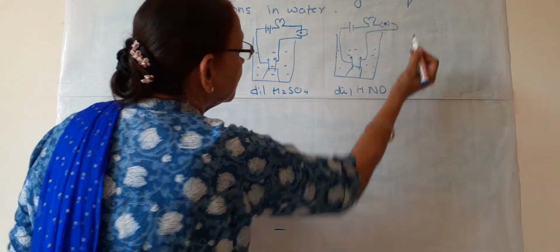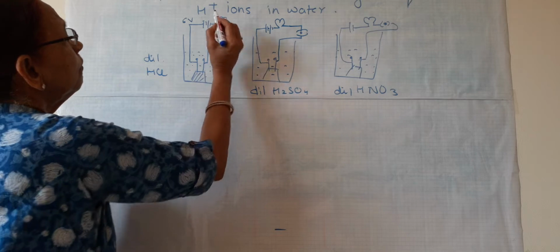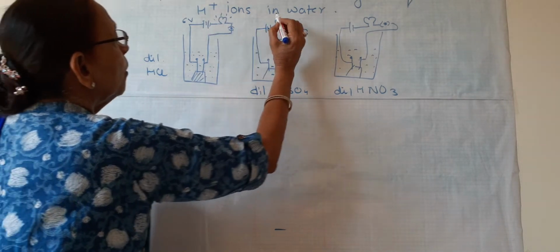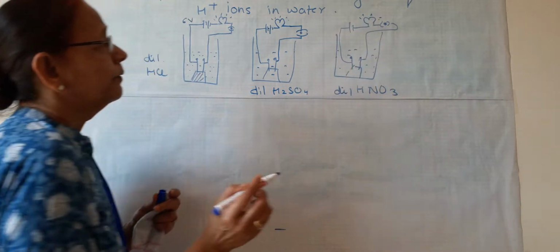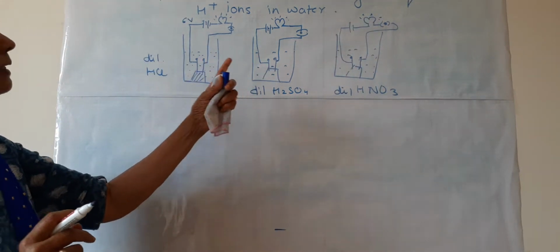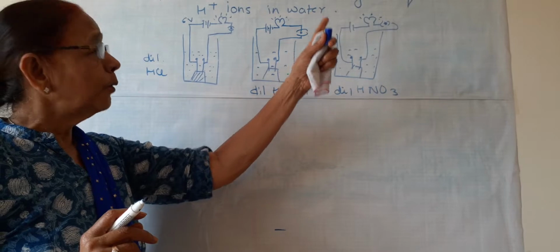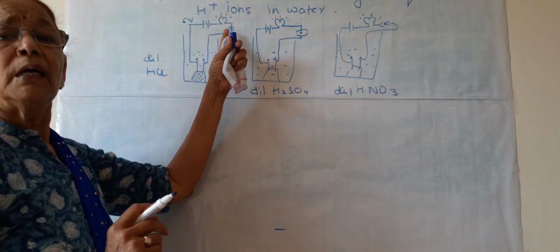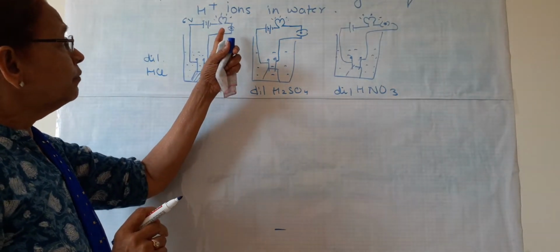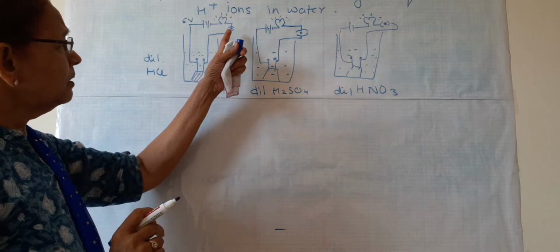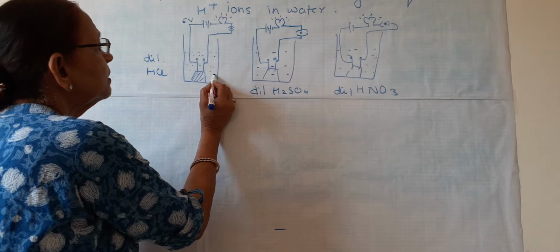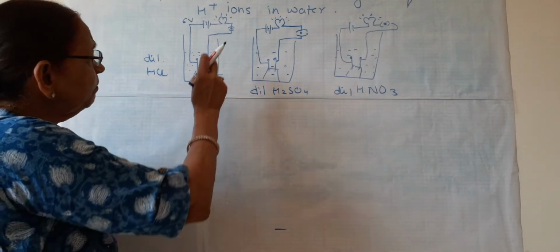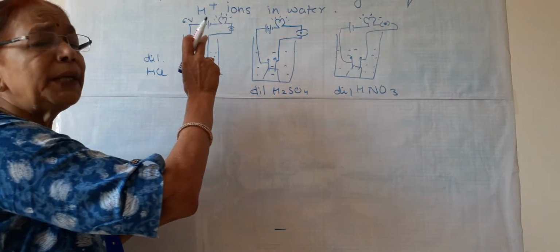When the switch is on, what happens? What we see is that all these bulbs start glowing. In all the 3 cases, the bulbs start glowing as we switch on the switch. Why are they glowing? Because electricity is passing through this electrolyte and the circuit is completed.